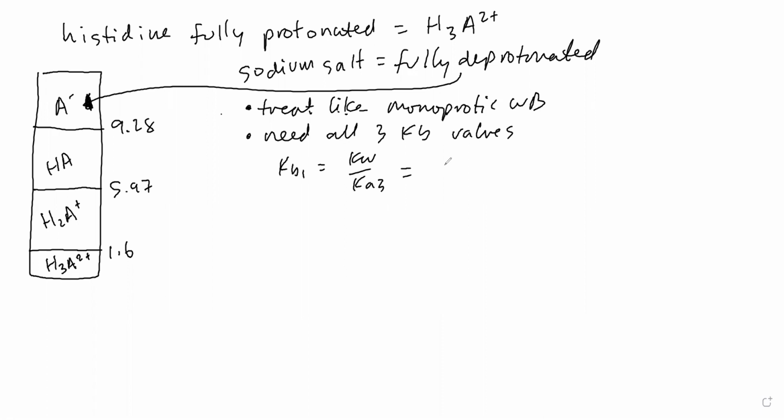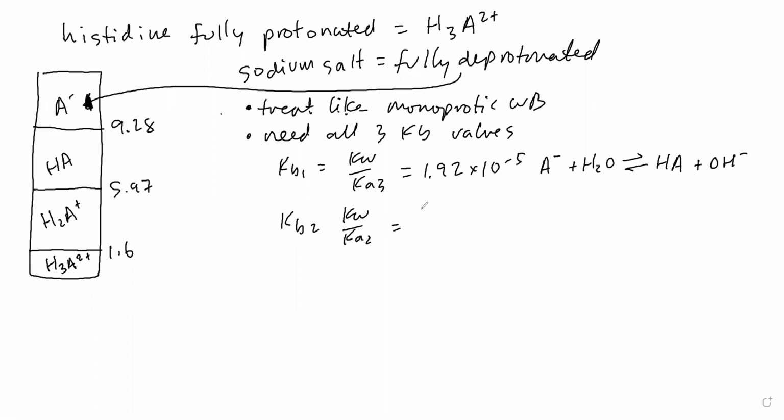You can look up those values, but I got 1.92 times 10 to the minus 5th. That particular Kb has to do with this reaction, where the deprotonated species gains its first proton from water. Then we've got our Kb2, which we calculate from Ka2, at 9.34 times 10 to the minus 9th.